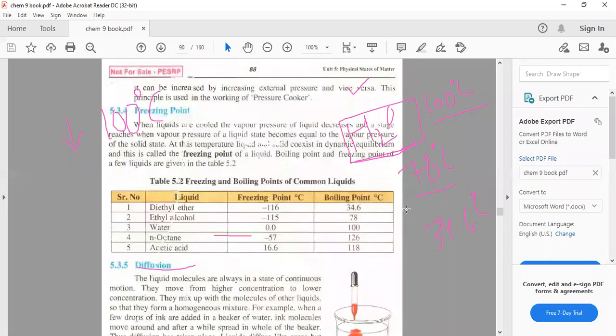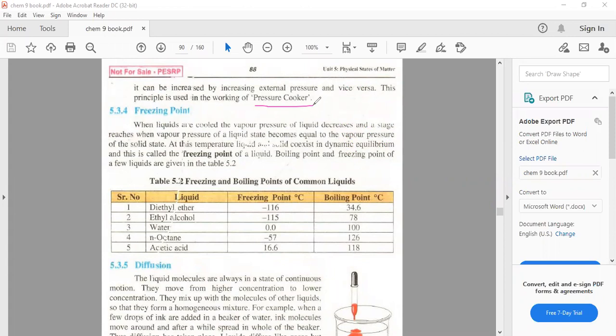The pressure cooker that we use in our home is based on this concept. In a pressure cooker, if you are placing any kind of meat to boil, you take a small amount of water; you don't need to take a very large amount of water.